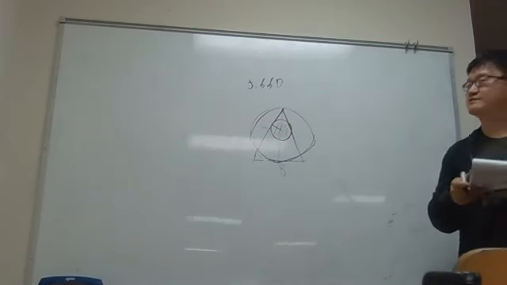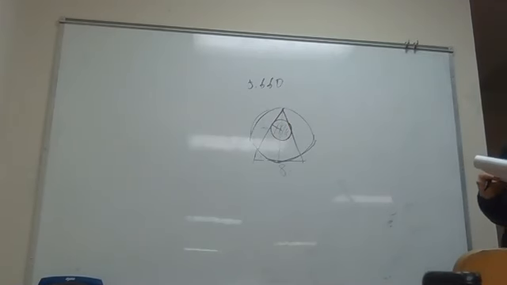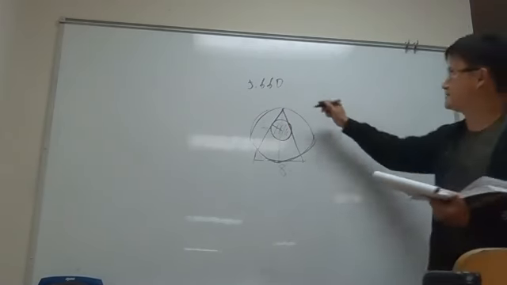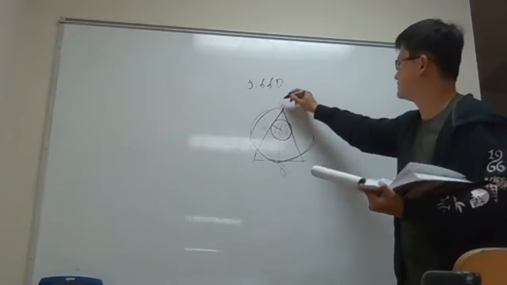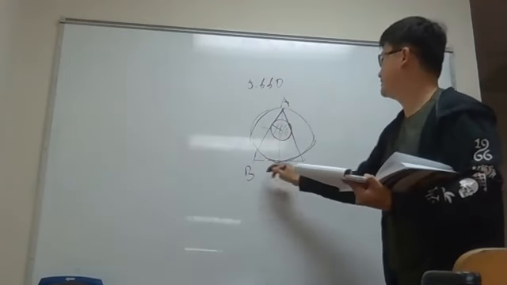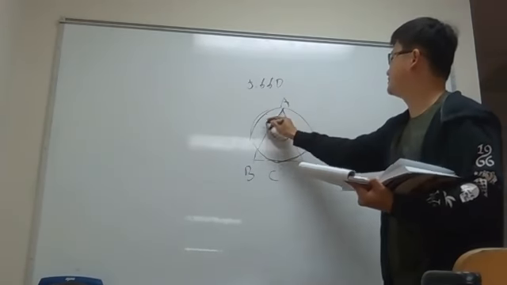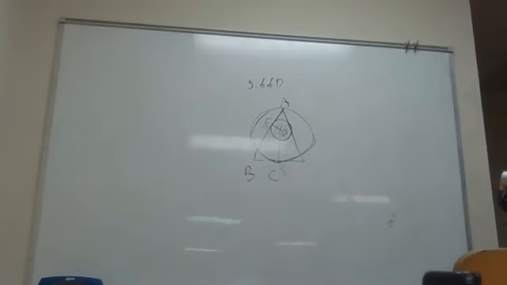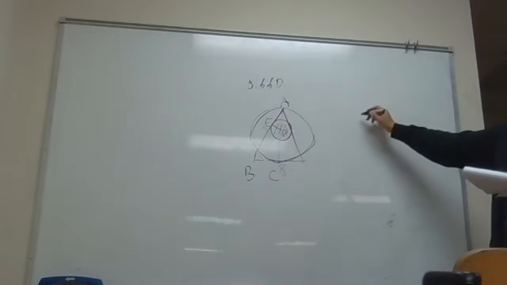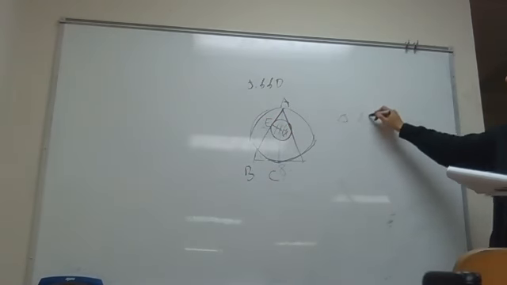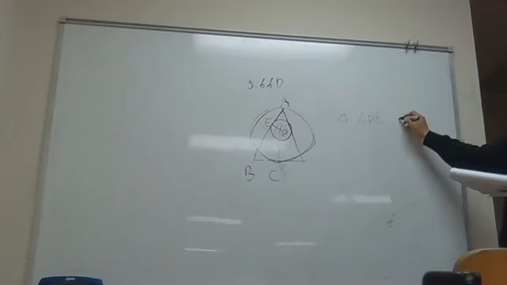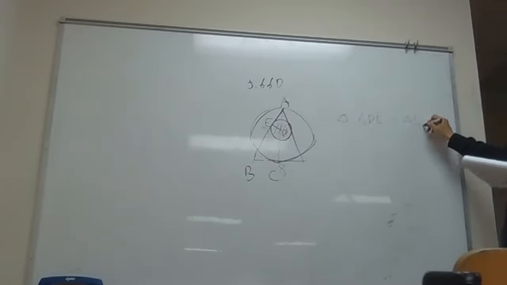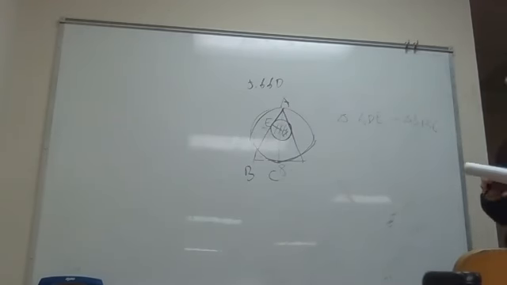That's actually a traditional way of forming similar triangles. Let's call this A, B, C, D, E, for example. Which two triangles are similar? The triangle ADE is similar to the triangle ABC.